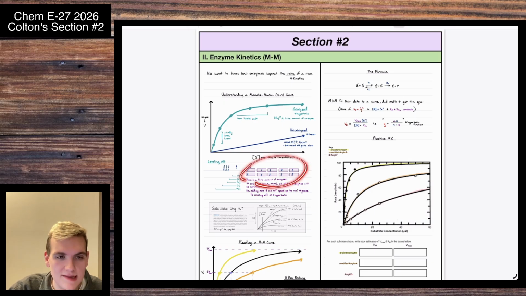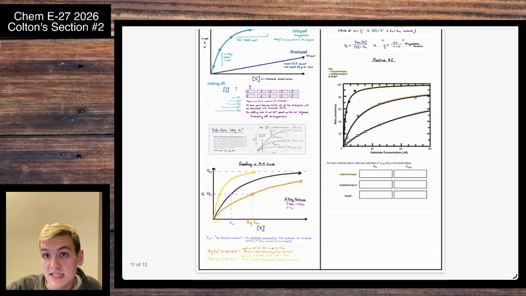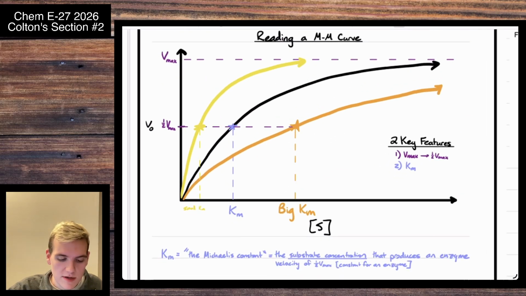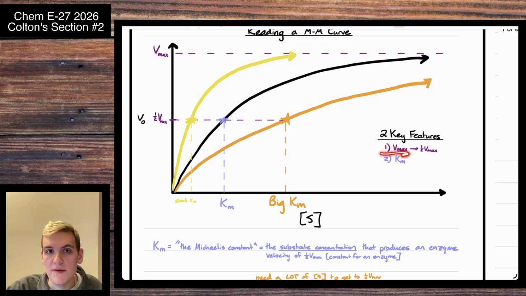We're filling up all the enzymes and everything. So what do you functionally need to be able to do with these things? Valid question. You need to be able to notice two key features for a Michaelis-Menten curve. The first feature is Vmax and connected to that, half of Vmax.